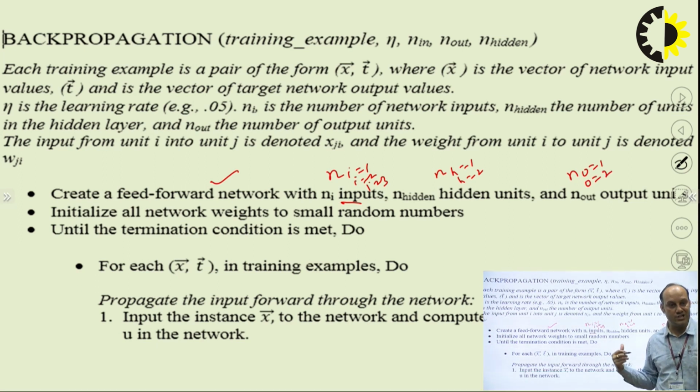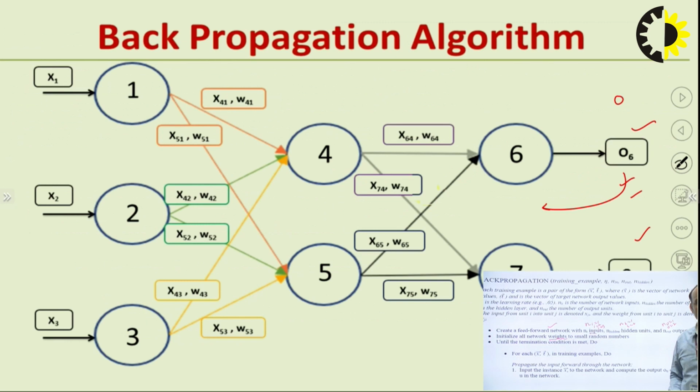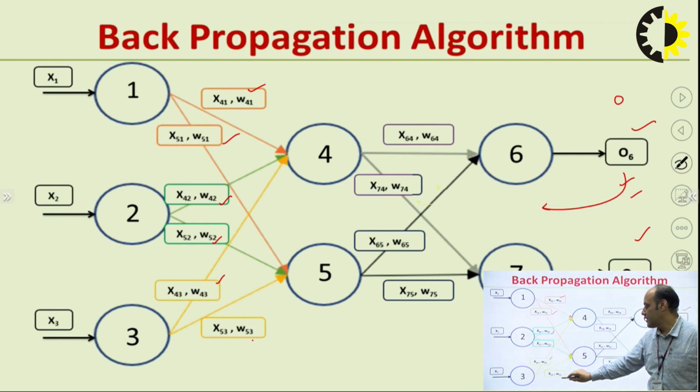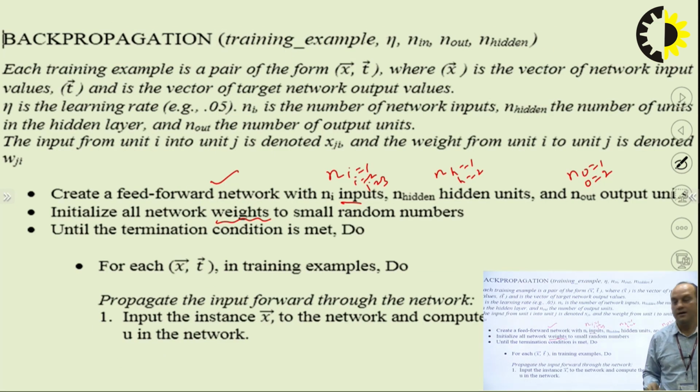I have also initialized some weights: w41, w51, w42, w52, w43, w53. Similarly, hidden to output: w64, w74, w65, w75. These are the weights.